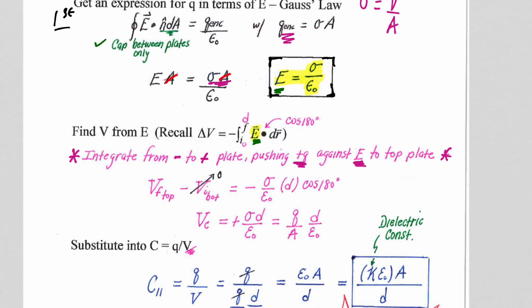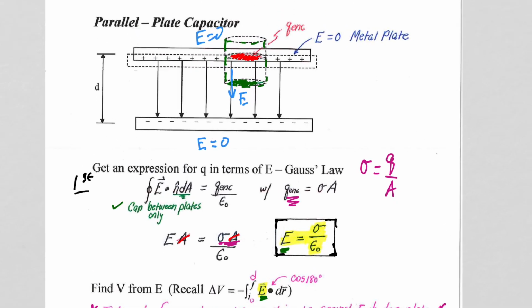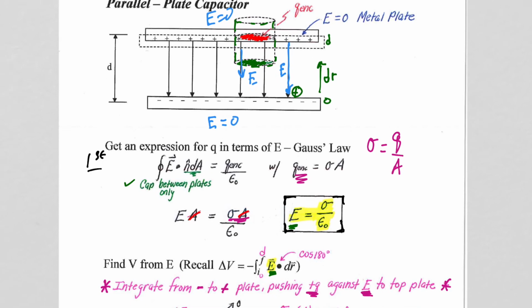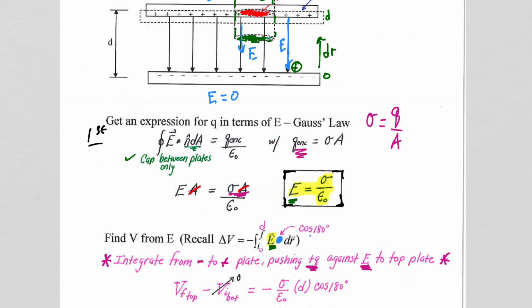I'll talk about the math in a moment, but to give you a visualization, if we take a positive charge right at the bottom plate, the negative plate, and we mechanically, physically think of pushing it up to the top plate, this is going to be our dr in this case. That's our differential increment that we are moving it over. Our electric field is down, so there's our 180 degrees between the E and the dr when we take our dot product.